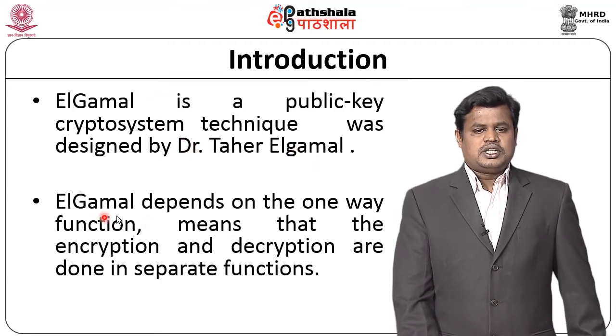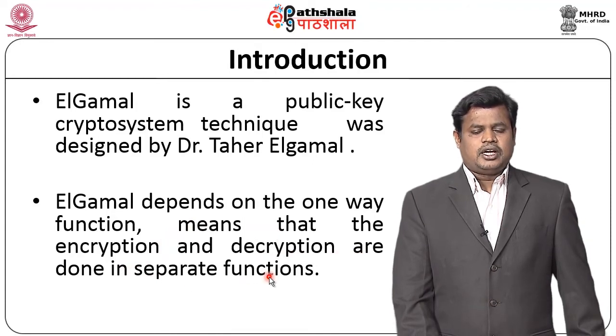Here ElGamal depends on a one-way function, meaning that encryption and decryption are done in separate functions. Suppose I want to encrypt, I have to use the encryption function, and similarly for decryption I have to go for the decryption function.